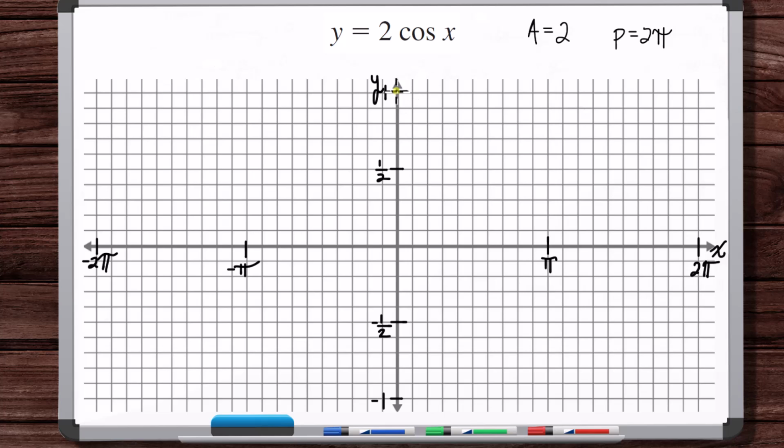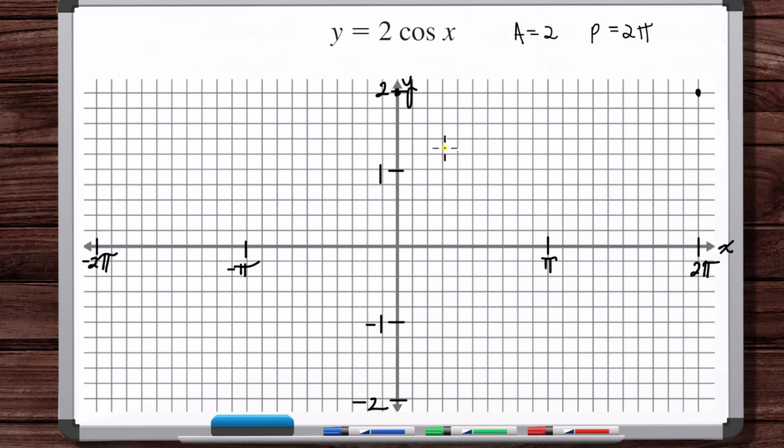Here there's been no flipping applied, so it's going to be a peak at the start of the period, and then it's going to come back to the same position at the end of the period. Oh, well, no, that's not right. The amplitude is 2. So the amplitude is 2, period 2 pi. We start here and we end here.